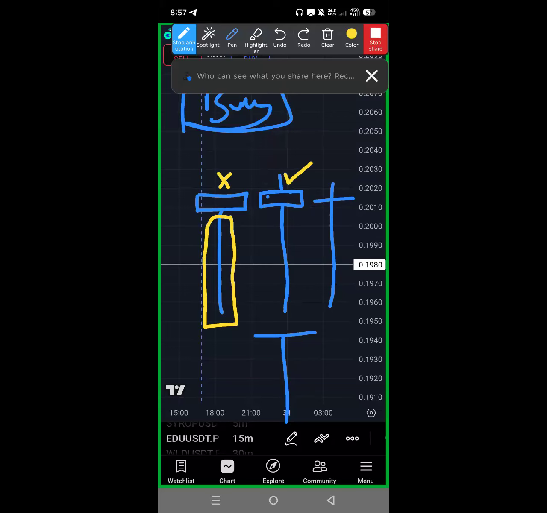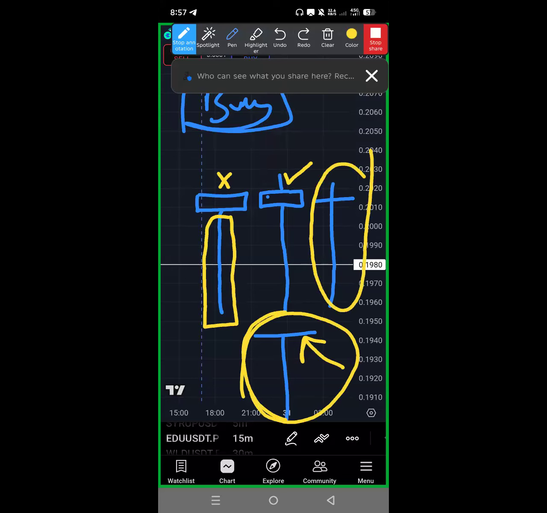The second category is the doji, the dragonfly, which may appear like this. It is also a doji. Remember, dragonfly is also a doji. It may either be like this or like this. But the most significant thing that gives it the name of the buying pressure candlestick is the fact that they have a very long lower wick.